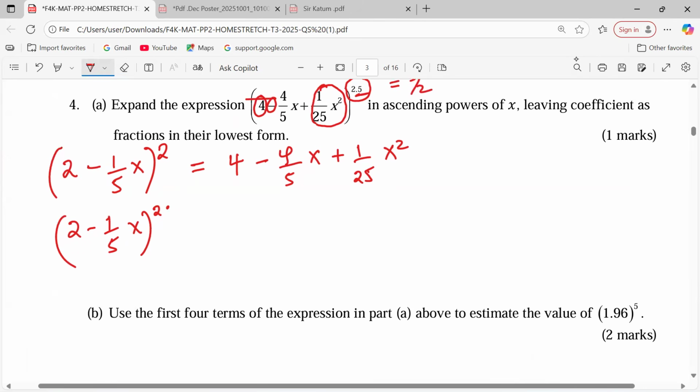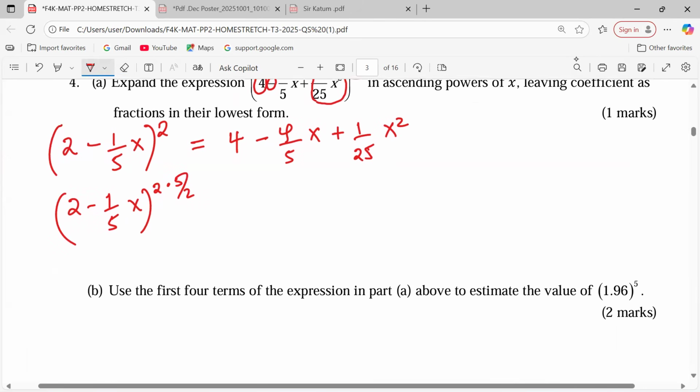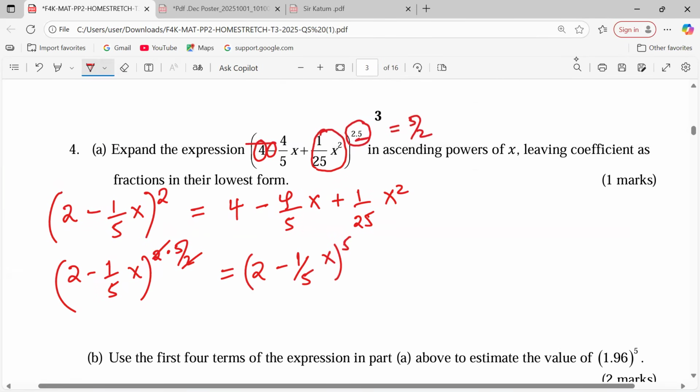Therefore, this power should be multiplied by 5 out of 2. 2 multiplied by 5 over 2 means that the 2 shall cancel, and we shall have this expression as 2 minus 1 over 5x raised to power 5. So the first assignment was to simplify the expression so that when we multiply by the power which is already existing, we get a power which is an integer like 5. Then after that, we're going to look at the binomial coefficients of power 5.